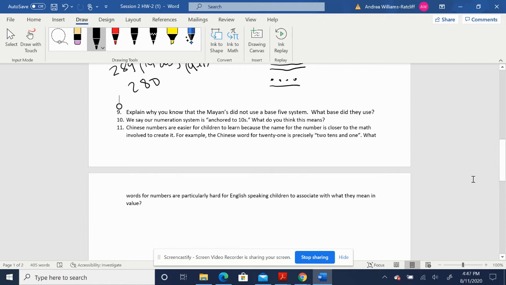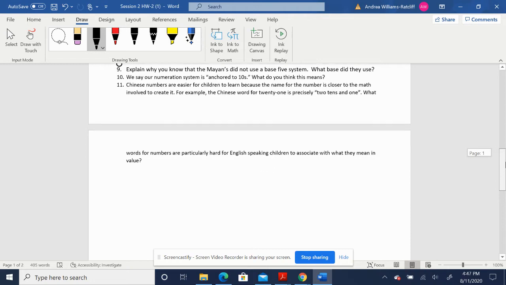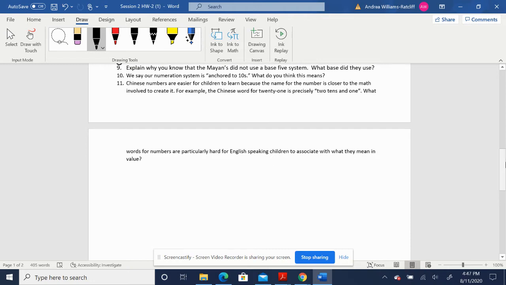Right? Chinese numbers are easier for children to learn because the name for the number is close to the math involved to create it. It's kind of like the giant's counting system in his example. For example, the Chinese word for 21 is precisely 2 10s and 1. What words for numbers are particularly hard for English-speaking children to associate with what they mean in value? Again, this is one of those questions where it could have had a lot of different answers. One of the ones that sticks out to me is 11 and 12.